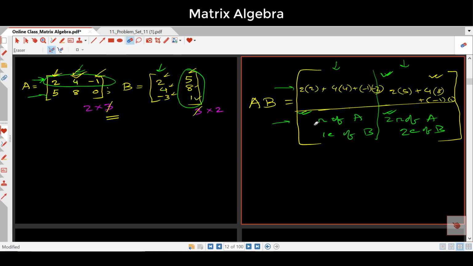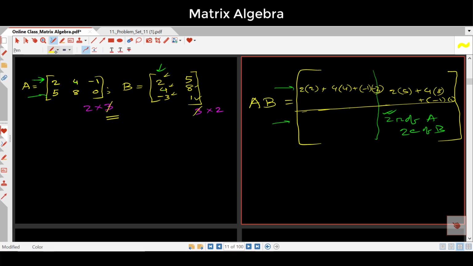Now what will be here? For this case we have to focus on this second row of A and first column of B, and now do the operations entry wise. So first times first, 5 times 2, plus 8 times 4, plus 0 times minus 3.